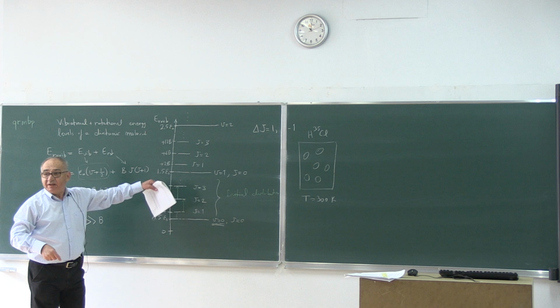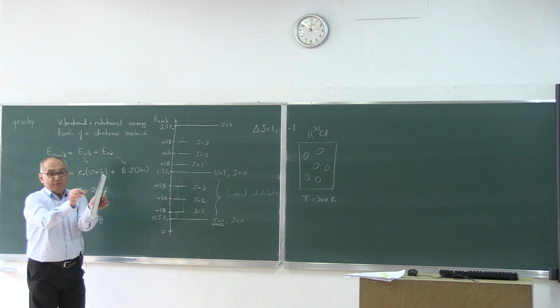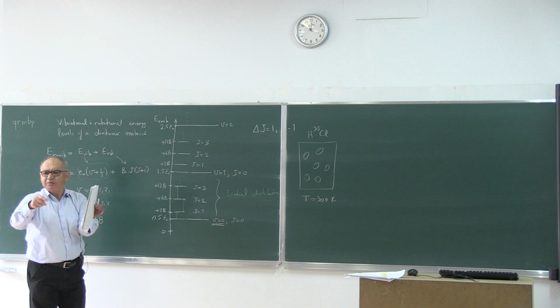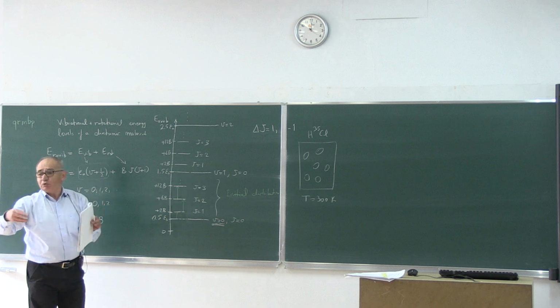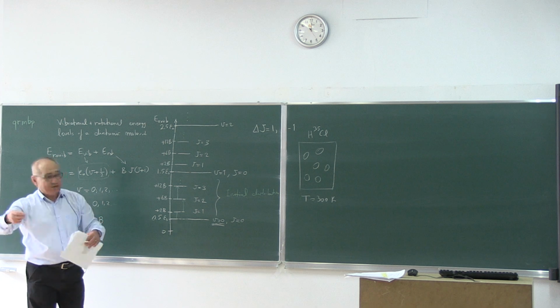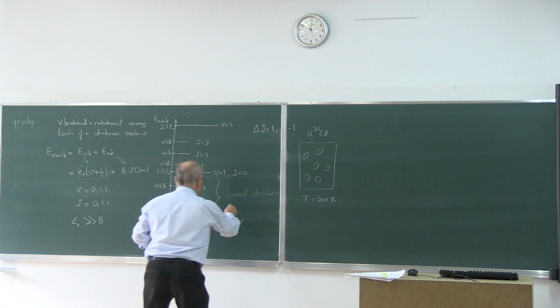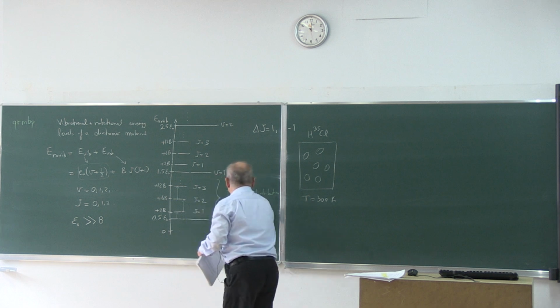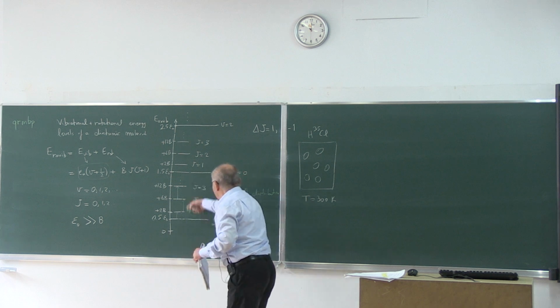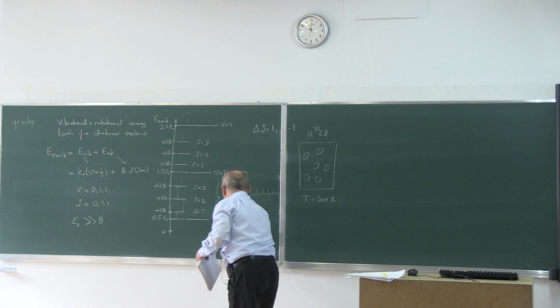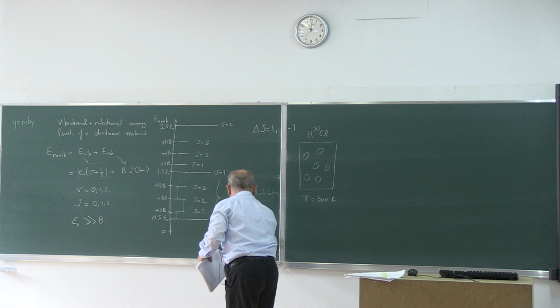This part of the frequencies of light which are absorbed correspond to the pure rotational transitions because the vibration state is not changing. The ones that I show here correspond to pure rotational transitions.